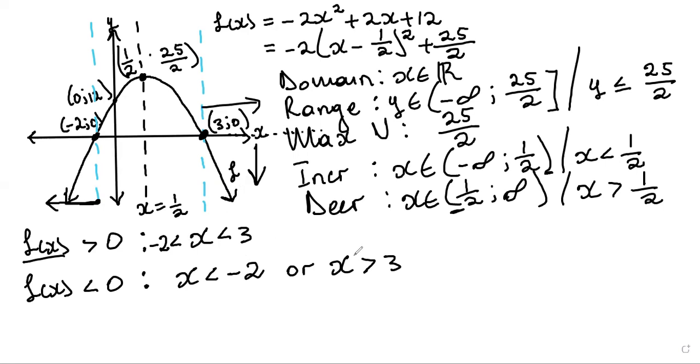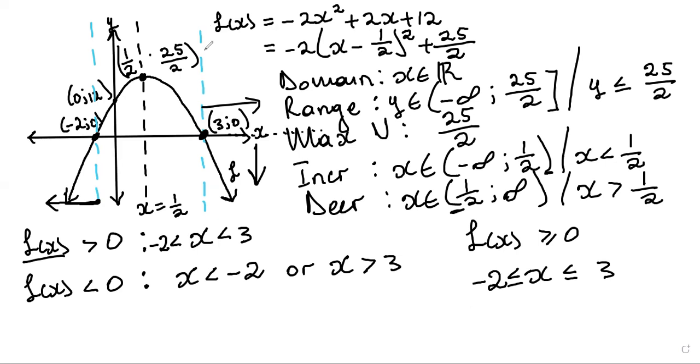So any value of x here that is greater than 3 will make sure that the values of y are going to be negative. But if, for instance, they had said, for which values of x will f of x be greater or equal to 0? So now they are including 0. Then it means you're going to tell them that it's where x is less or equal to 3, but greater or equal to -2.